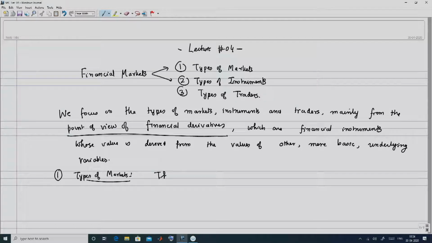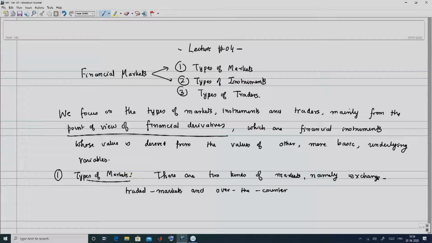In the context of this discussion, we will talk about two kinds of markets, and this is a very broad classification, namely exchange traded markets and over the counter markets.